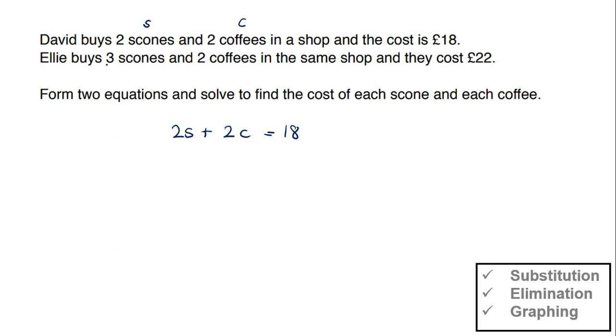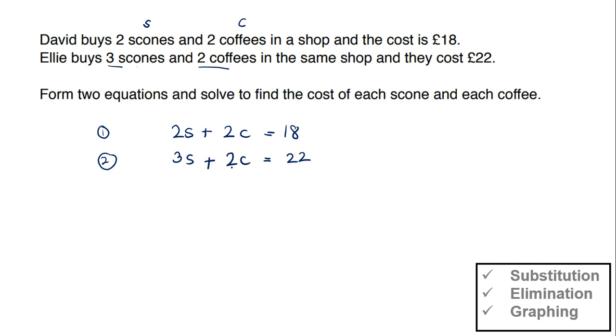Now the next part: Ellie buys three scones and two coffees. Now S becomes 3 this time, so the second equation is 3S plus 2C, in the same shop, and they cost 22. So for the first one we had 18, for the second one 22. That's our equation number 1, and this one's our equation number 2.